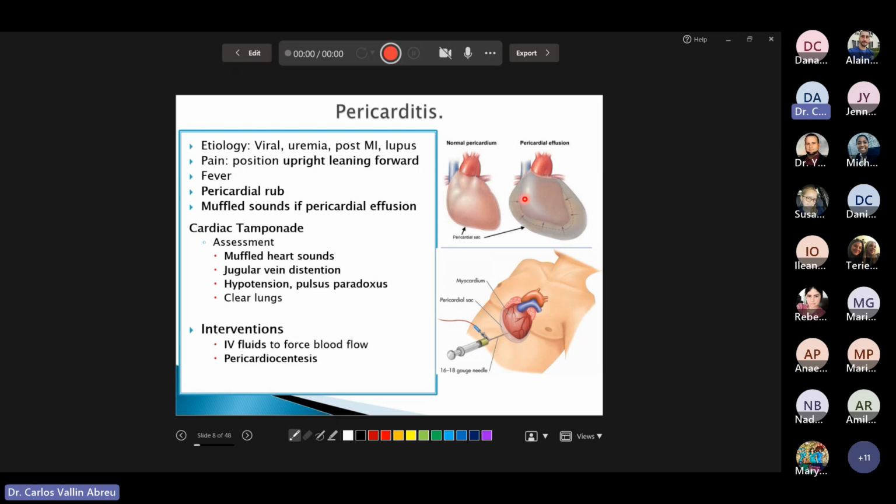But then the inflamed pericardium could start producing liquid. So now liquid starts accumulating between the two layers of the pericardium.